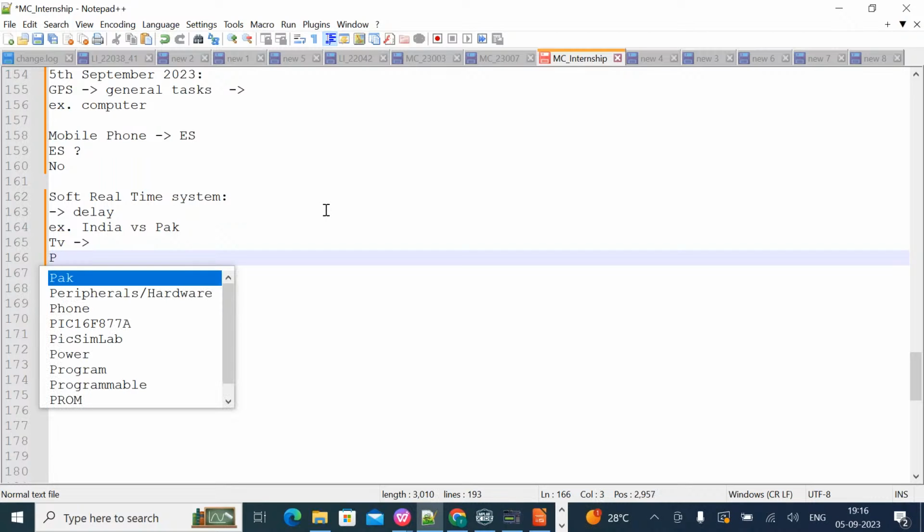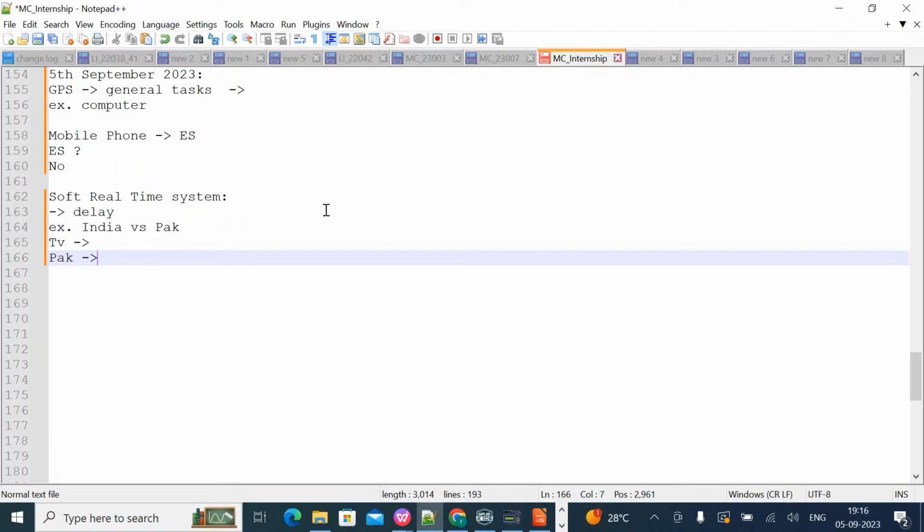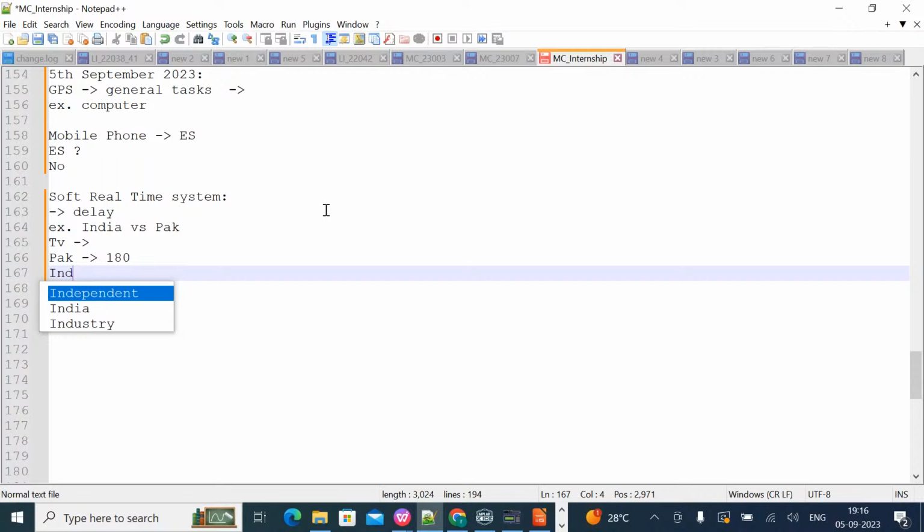Let's say India is playing the second inning. First inning was played by Pakistan, around 80 runs scored. Let's say it's a 2020 match. Now India is playing. I'm taking the old scenario.